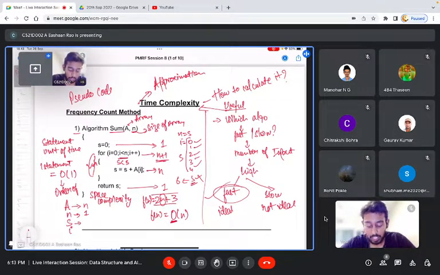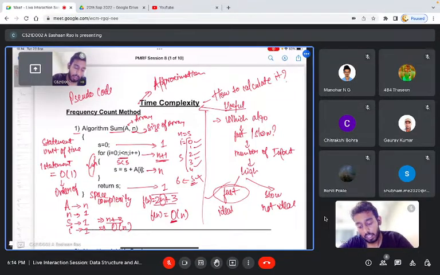Similarly, for any variable we'll give 1, be it s or i. So the total will be n plus 3. So space complexity will also be order of n. We are not focusing much on the equation, we are focusing on the degree of the polynomial or equation that we are getting. The more examples we see, the better understanding we will get.